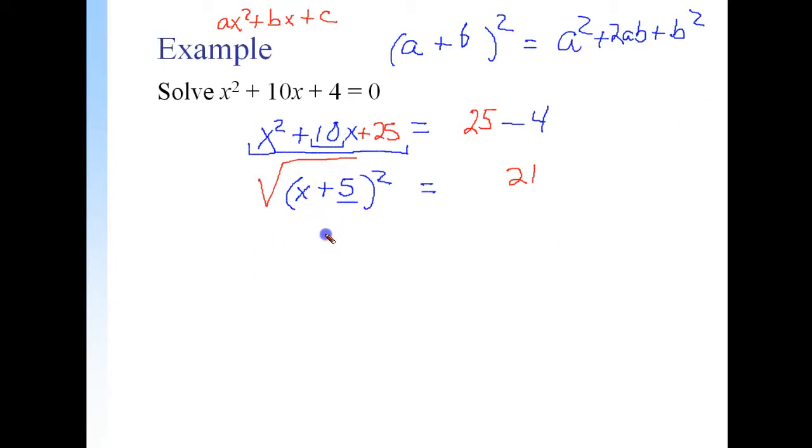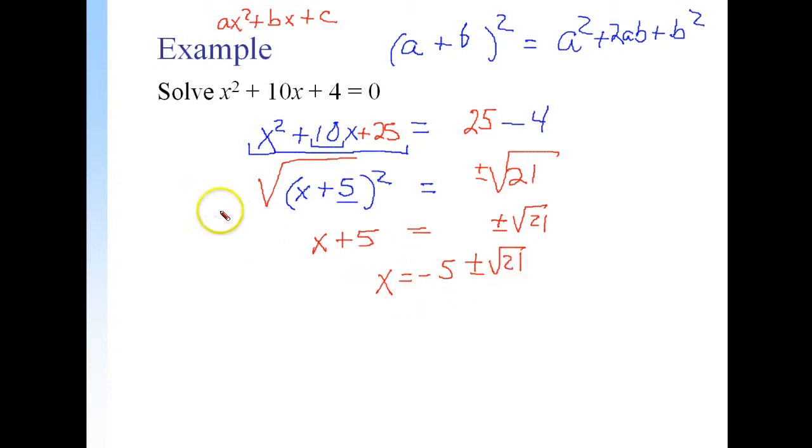Use the right letter. x plus 5 equals, now we took the plus or minus the square root of that, and now we're going to transpose the 5 as a negative 5, and that is the solution of this quadratic equation that we solved through the process of completing the square.